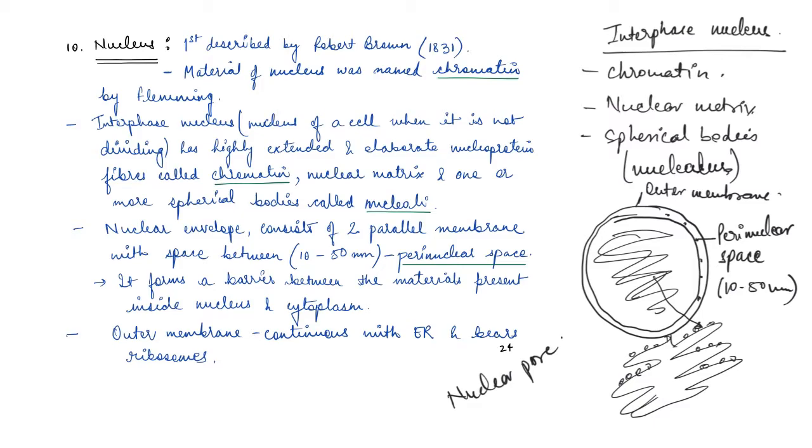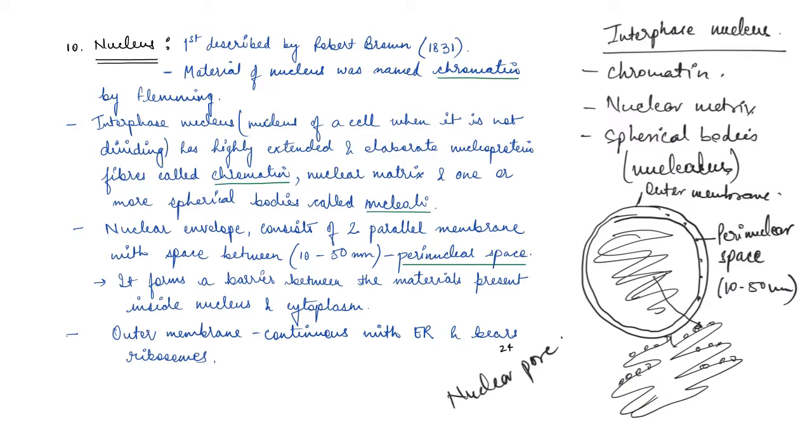These pores are passages through which the movement of RNA and protein molecules happens in both directions, right, between the nucleus and the cytoplasm. Normally there is only one nucleus per cell, but there might be some variations wherein you can have multiple nuclei. And there are also some cells which lack a nucleus, like erythrocytes of many mammals. They lack a nucleus, right?